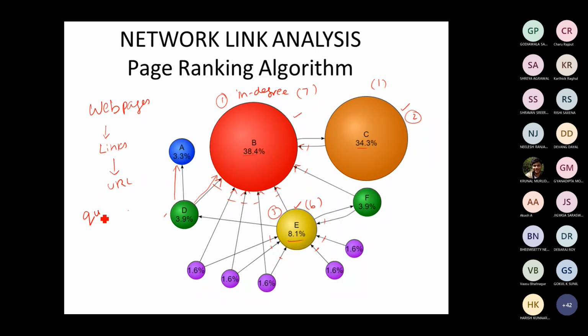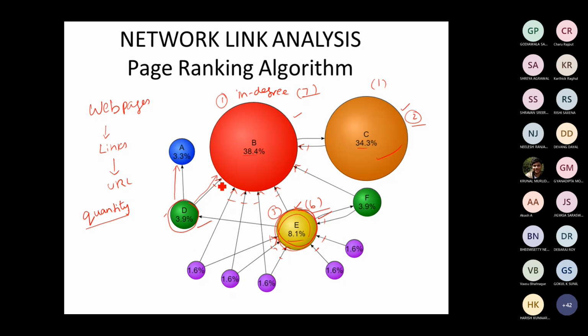The quantity of referring to a page, this is getting 7, this is getting 2, this is getting 6, the quantity alone should not be taken into consideration. Instead, whether the page from which I'm getting an incoming link has popularity or not. How to know the popularity? See the ratio of incoming links and outgoing links these pages have. That is called the page ranking algorithm.